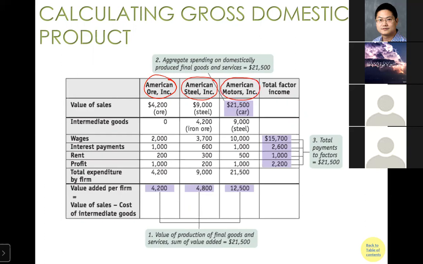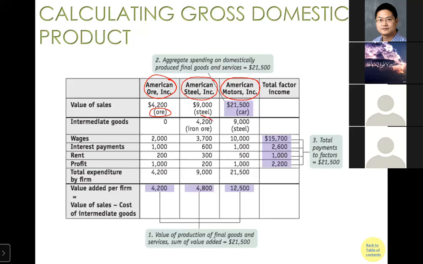In terms of each business, American Oil produces raw materials, which is oil. Look at how these things go. What they produced will be purchased by American Steel.